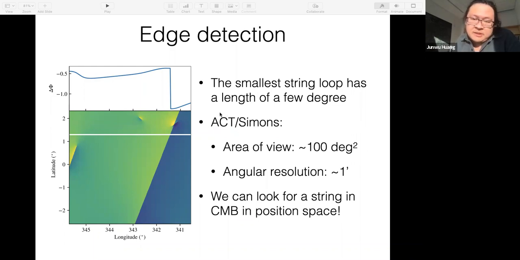This gives a very deep measurement of an area of view of order 100 degrees squared, a little bit bigger than what I'm showing you here, with angular resolution of order an arcminute. So for each string going around the universe, you are looking at an edge that is straight consistently for thousands of pixels. These are very sharp features which we can look for in position space.